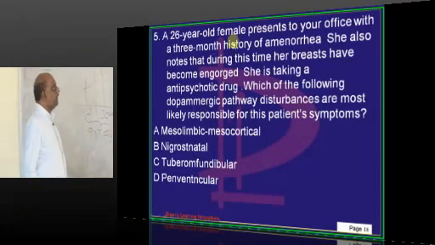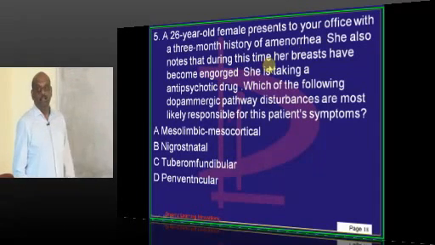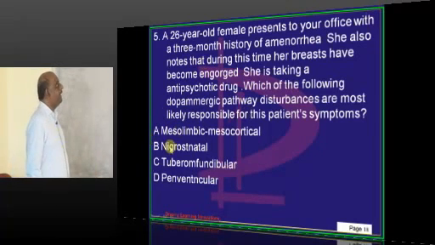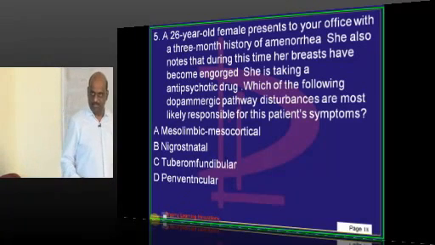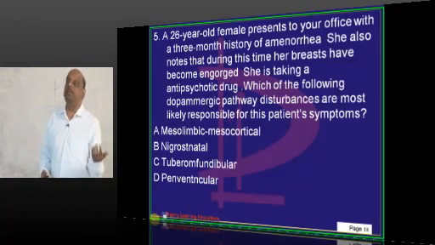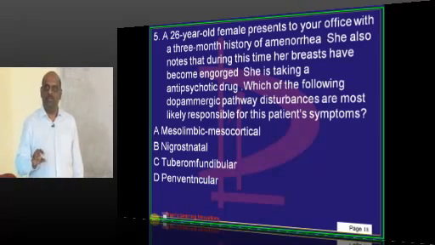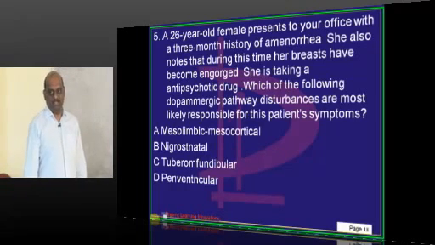A 26-year-old comes with amenorrhea, and she also notes that her breasts are engorged, with galactorrhea, and she is taking an antipsychotic drug. Most of these antipsychotic drugs act on dopamine. Dopamine has an inhibitory effect on the release of prolactin. Prolactin in turn has an effect on LH and FSH.